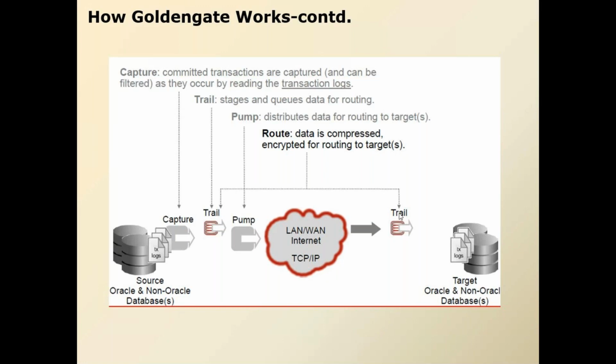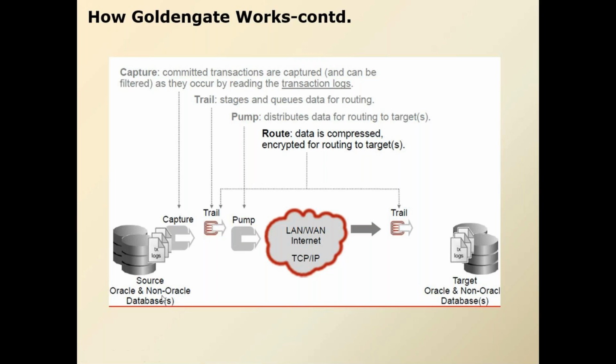So the capture process captures the data and writes it to the local trail file. These trail files reside on the operating system. Once the data becomes available into the trail file on the local system, these files are called local trail files because they are local to the source database.